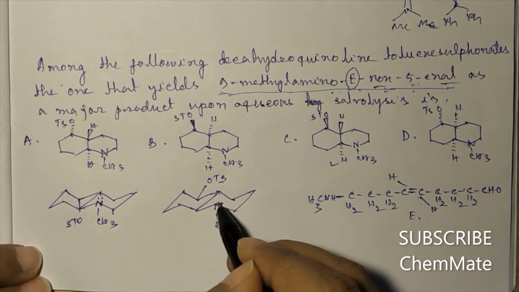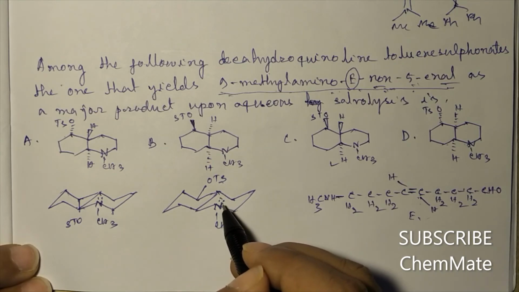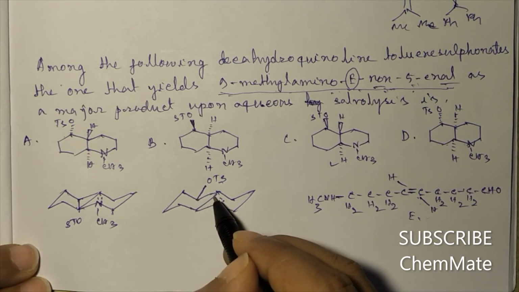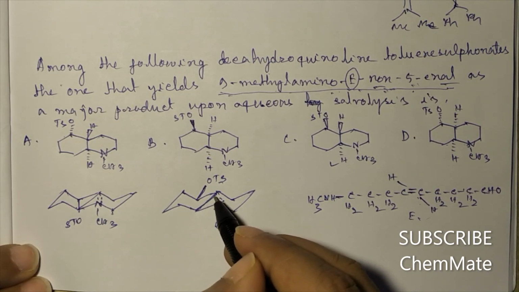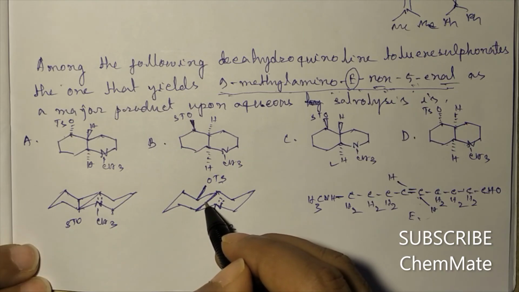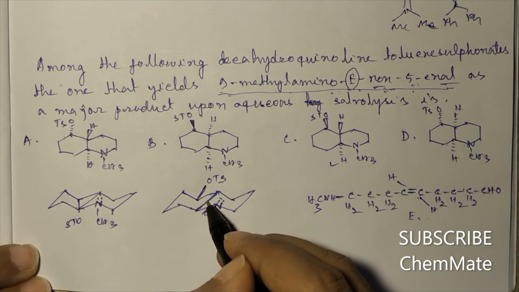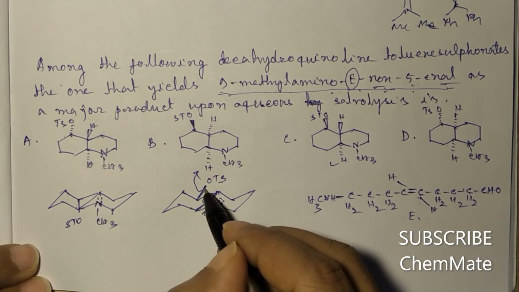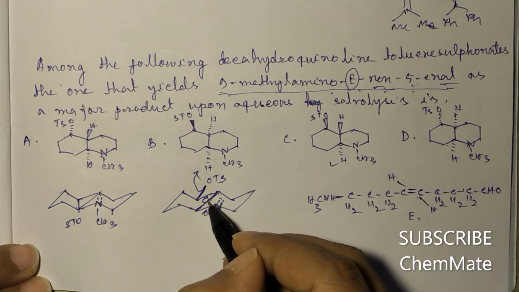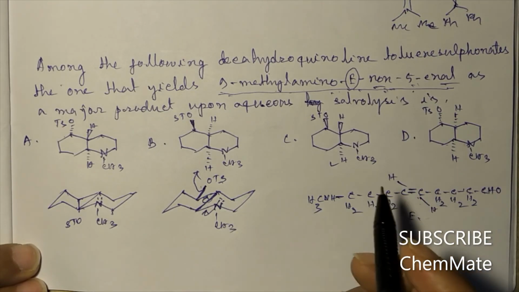Now as we can see here, this nitrogen lone pair will attack here, and as these two bonds are parallel, this bond will cleave, the lone pair will attack and this bond will shift here, and this leaving group will leave, because these two bonds are anti-periplanar to each other.